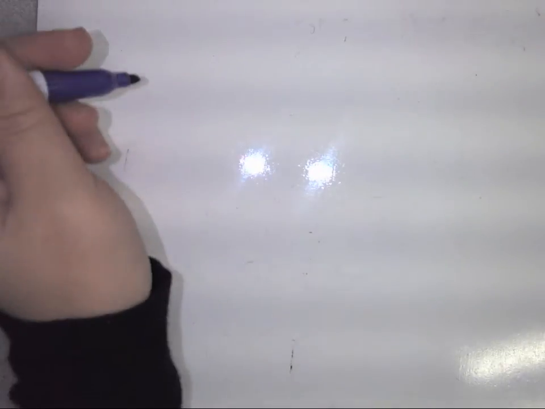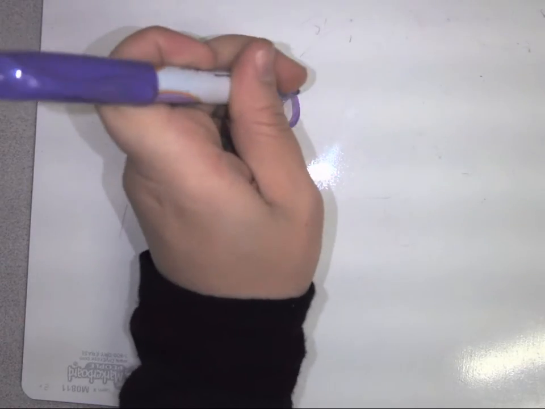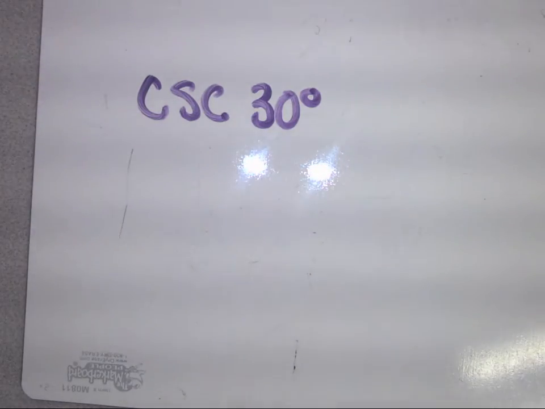let me do this. Let me start off easy. Cosecant at 30 degrees. I made it easy for you. This is the easier version. So you need to know that cosecant is the inverse of whom?